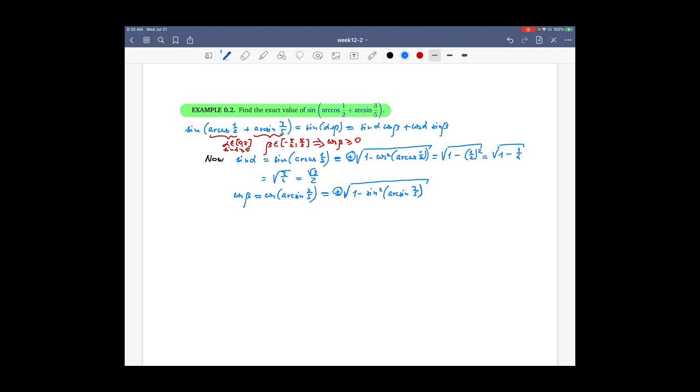Now, of course, sine of arc sine of 3/5 is 3/5. So this here is root of 16 over 25, and that is 4 over 5.